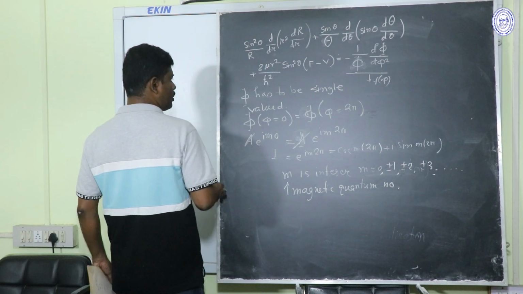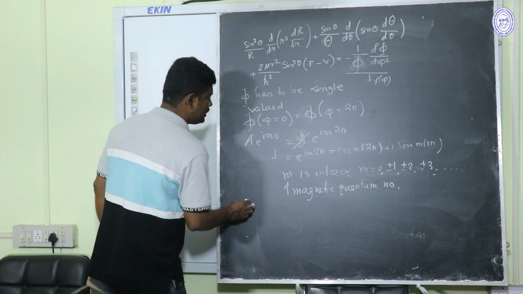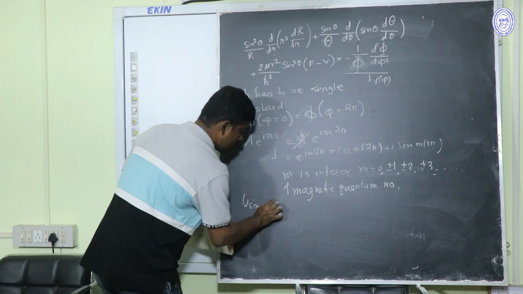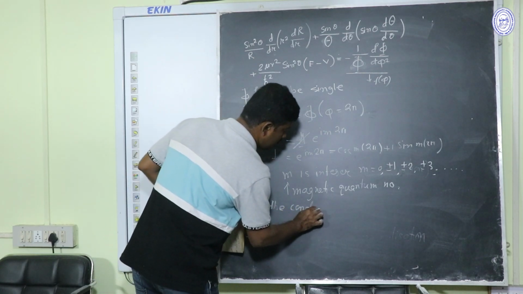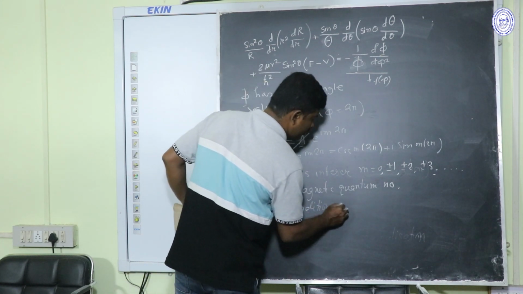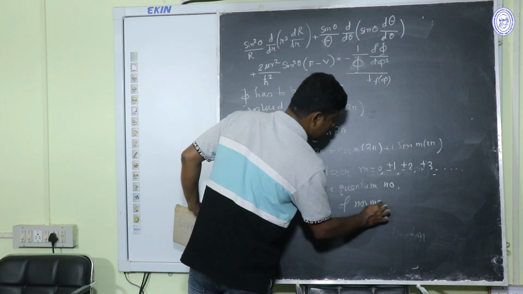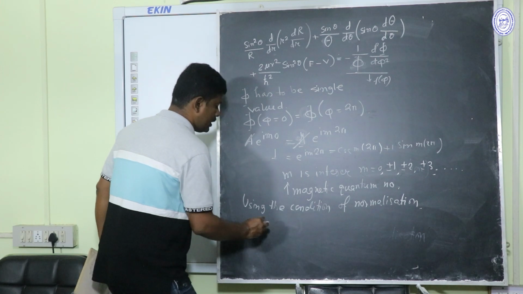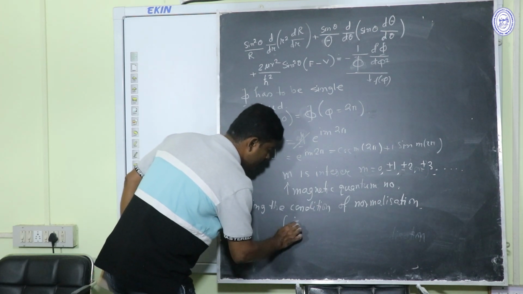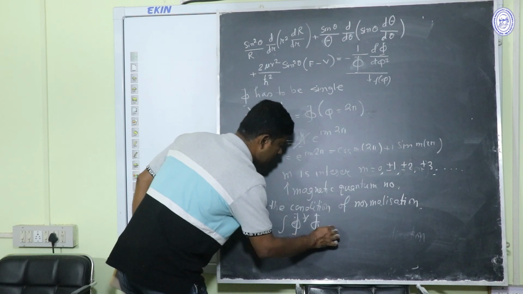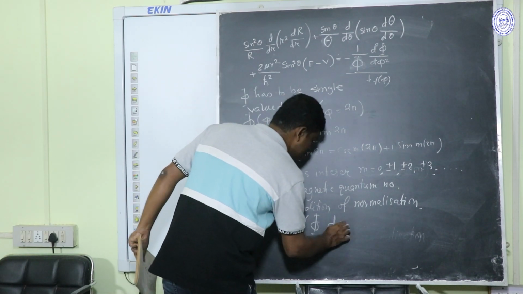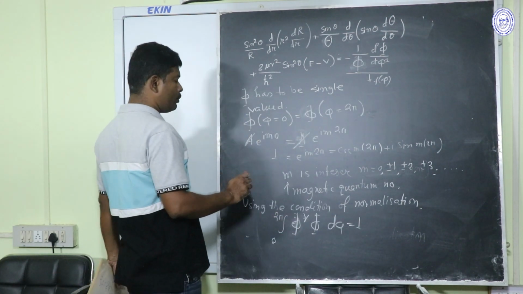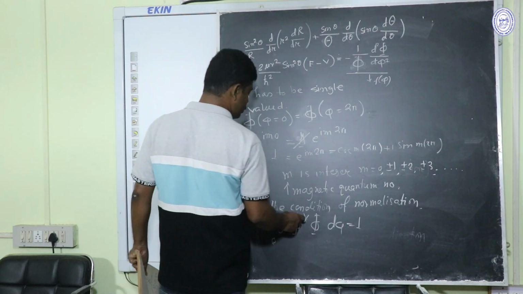And using the condition of normalization, as A e^(imφ) has to be normalized, the integral of Φ* Φ dφ from 0 to 2π is equal to 1, as the total probability of the azimuthal part will be equal to 1.